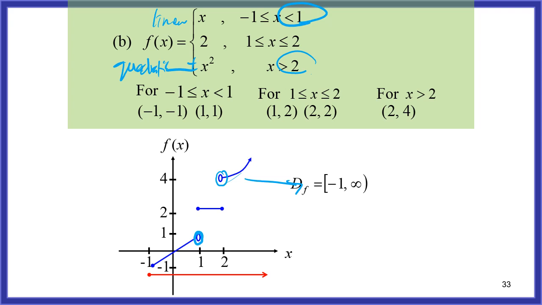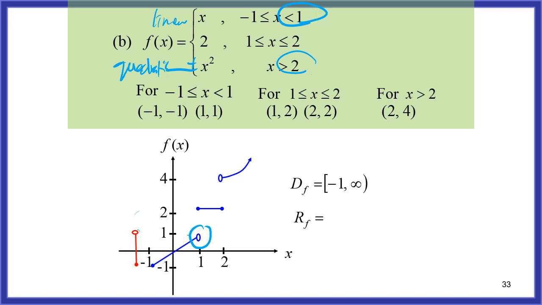How about the range? If we see the range, the lowest value of y is here, negative 1, and it stops at 1, but 1 here is not included. That's why it's negative 1 up to 1, where 1 is not included and negative 1 is included. The next one, we don't have a value of y in the graph.